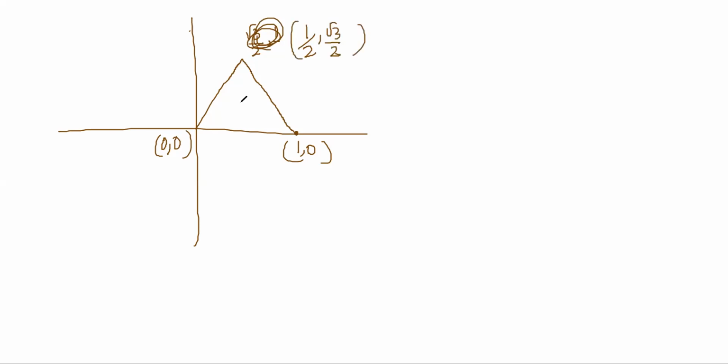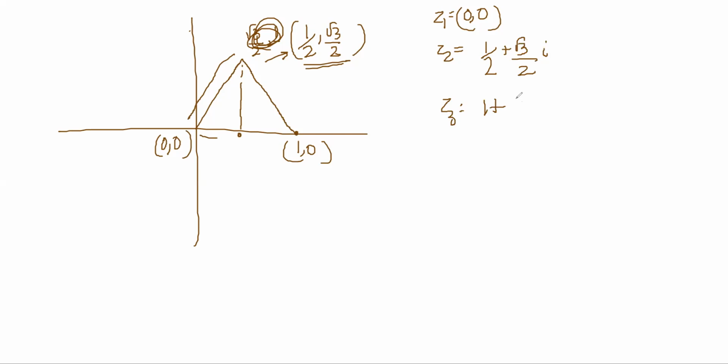This should be the third coordinate. Midpoint of the side, and you have to go up root 3 by 2, then only you will get one distance, no? Okay, so my Z1 is 0, Z2 is half plus root 3 by 2 into i, and Z3 is 1 plus i into 0, right?